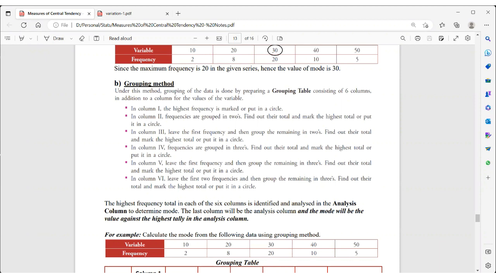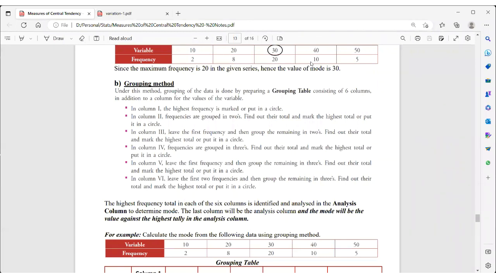In this, the maximum frequency is 20, below it is 8, and above it is 10. The maximum number is 20, and the values on either side differ from it.